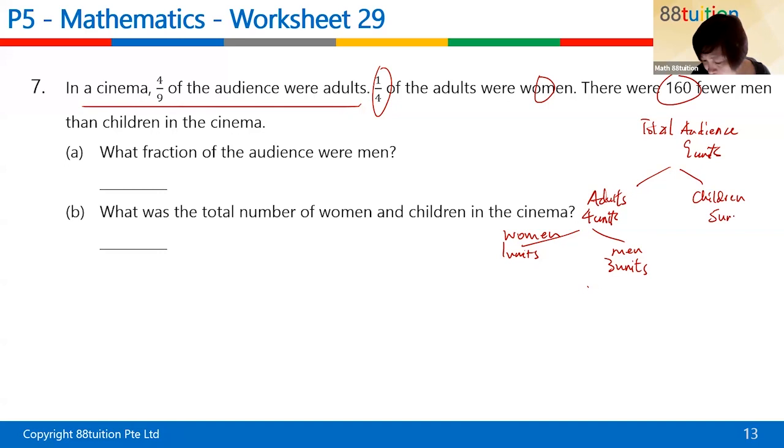Okay, but children will be 5 units, right? So they are comparing men, which is 3 units. Children will be 5 units. So this will be a difference of 2 units. So for these 2 units of difference, it will be 160.